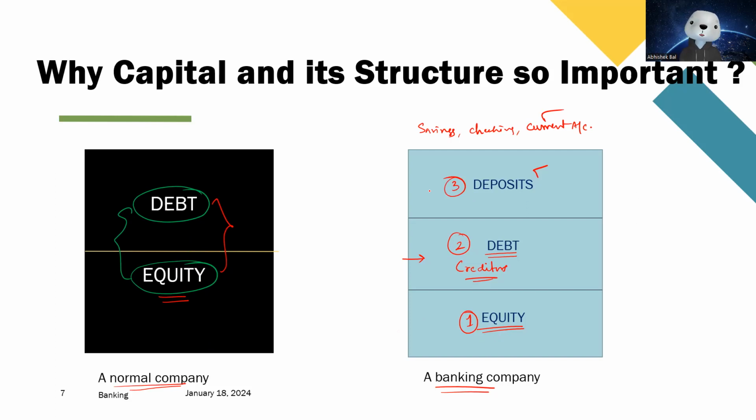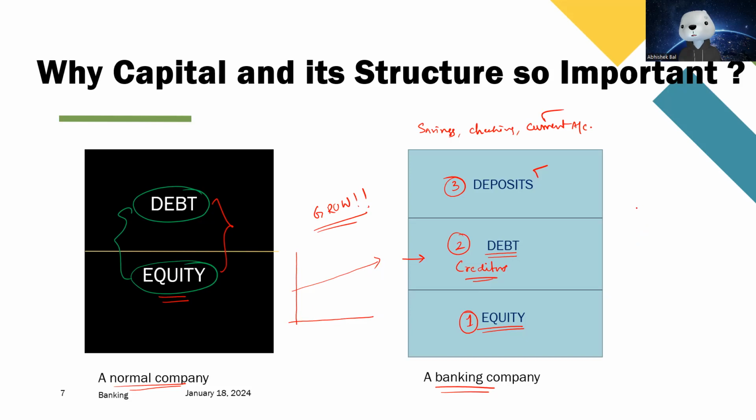Now, I want you to think through what can happen as far as a bank is concerned. Let's say as far as a successful bank is concerned. What can happen? Yes, you have guessed it right. The bank will grow, right? If the bank grows, it is prudent to say the bank would have increased operations.